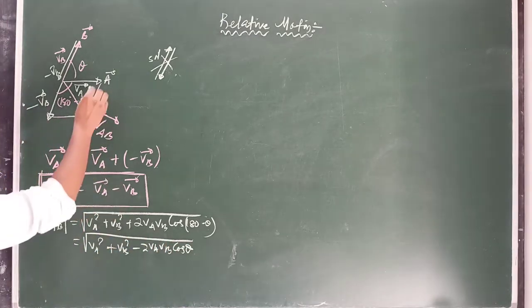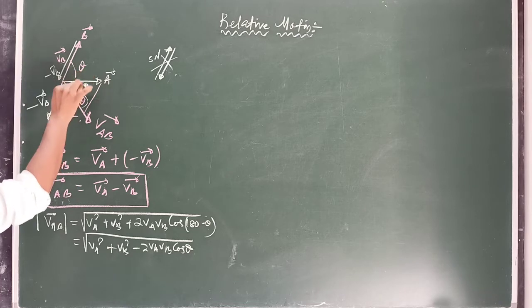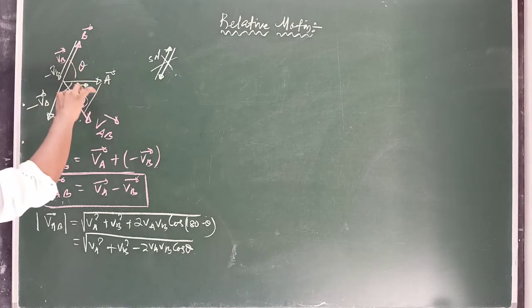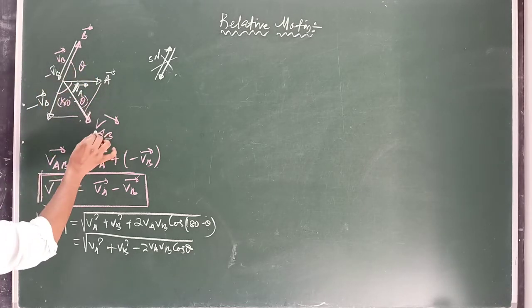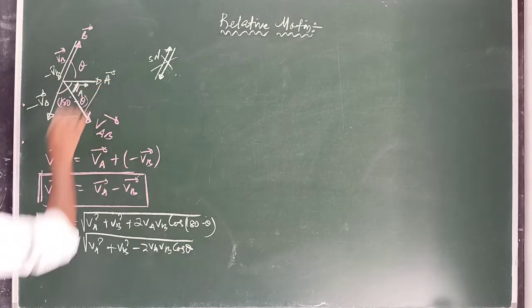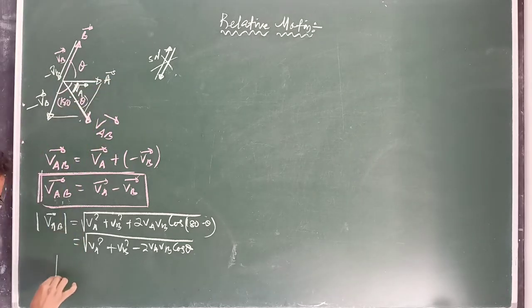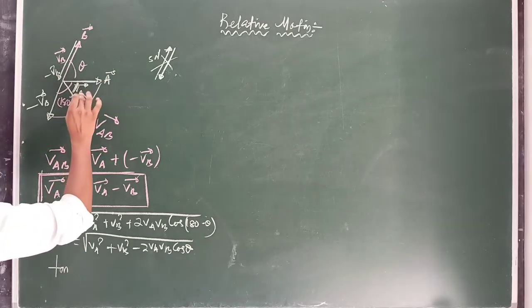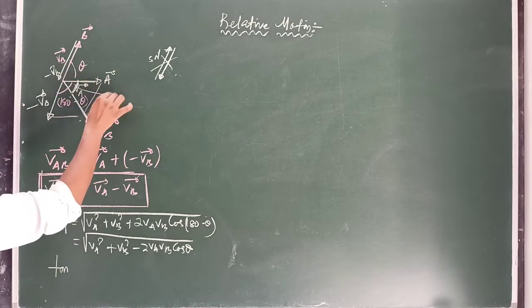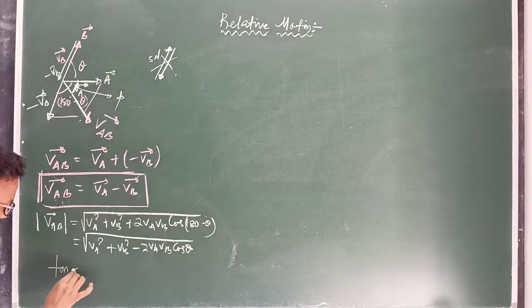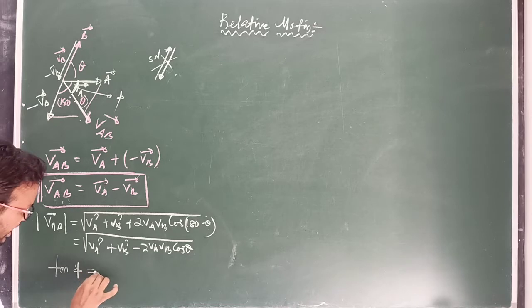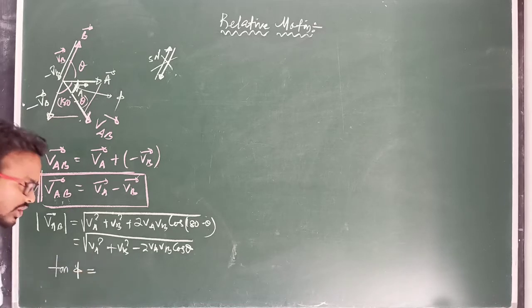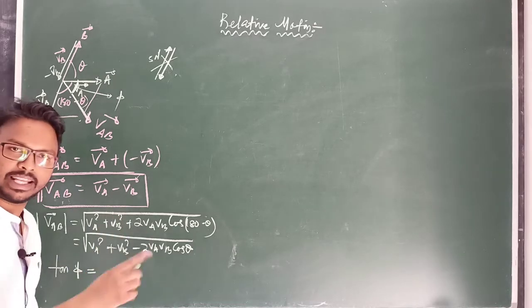Clear? If you want to find the direction, this is the angle between the resultant or relative velocity of A and B with respect to A. Suppose this angle I am taking here as phi. Phi indicates the direction of the resultant or relative vector. So phi equals, we already have the relation, B sin theta by A plus B cos theta.